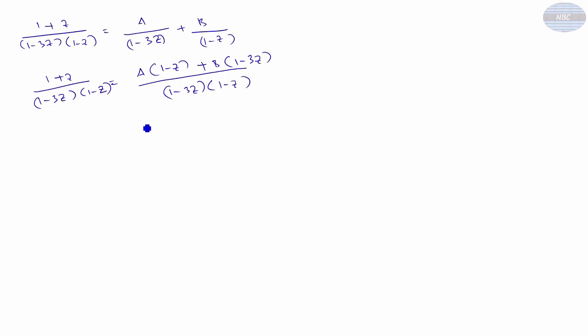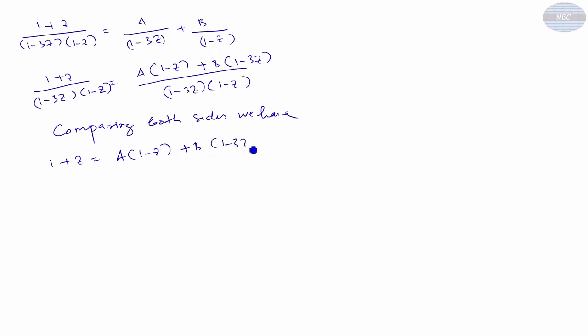Comparing both sides of the above equation, both the numerators will be equal because the denominators are the same. So 1 plus z is equal to a into 1 minus z plus b into 1 minus 3z.